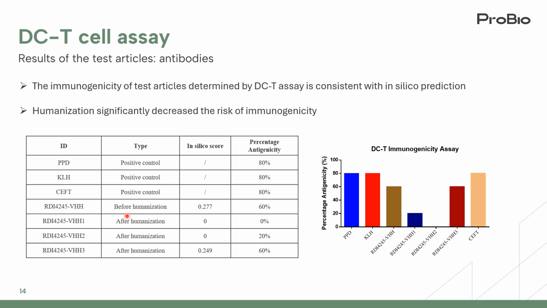Comparing to the parental VHH before humanization, 2 out of 3 humanized candidates demonstrated minimal risk by both DC and T cell assays, and also the in silico prediction, while the remaining VHH3 humanized version is considered as a failed design because comparing to the parental, both the in silico score and the percentage of immunogenicities is not changed a lot.